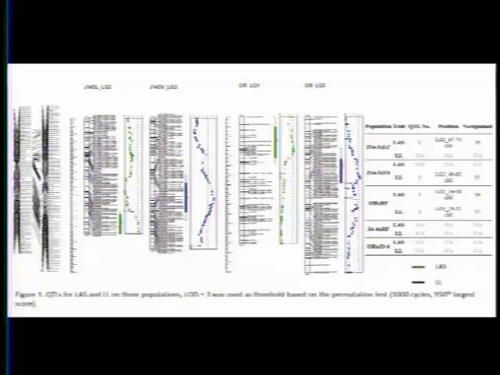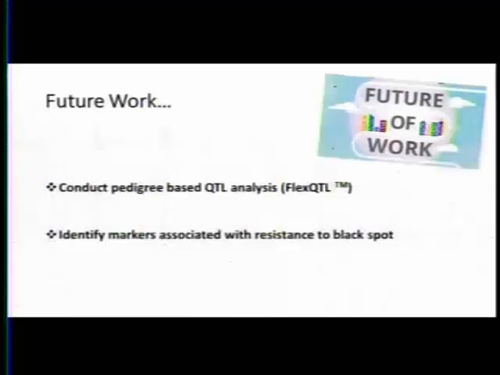All these QTLs were detected based on the LOD score, and the LOD threshold was determined based on a permutation test. I ran 1,000 cycles, and I picked the 950th largest LOD score as our threshold.